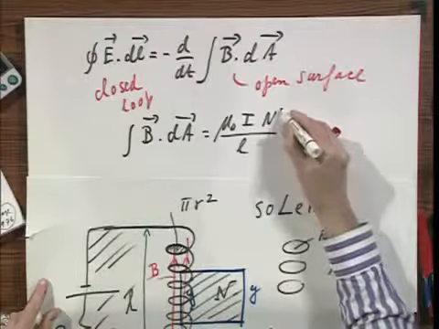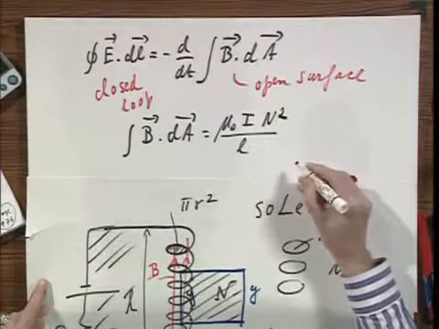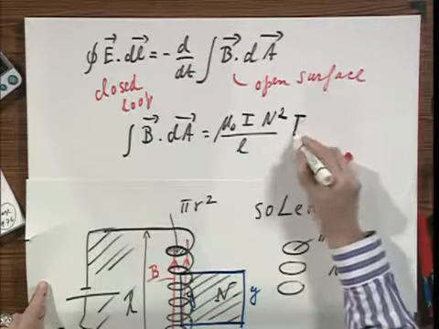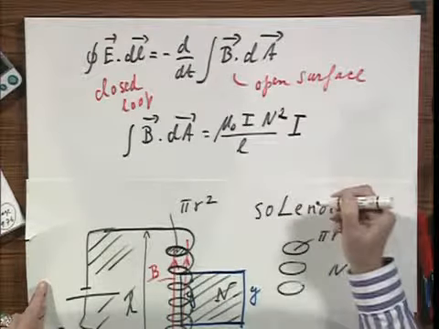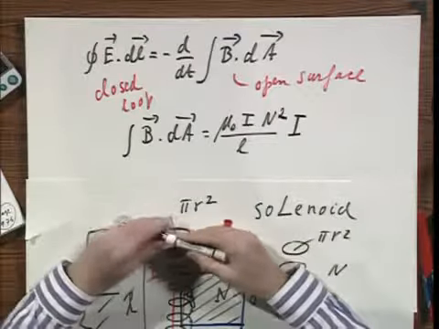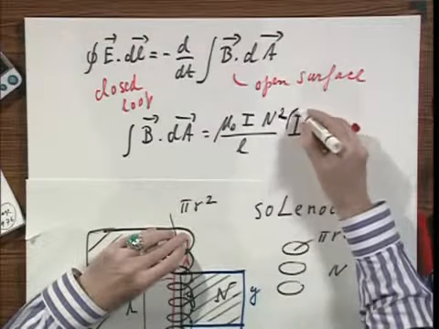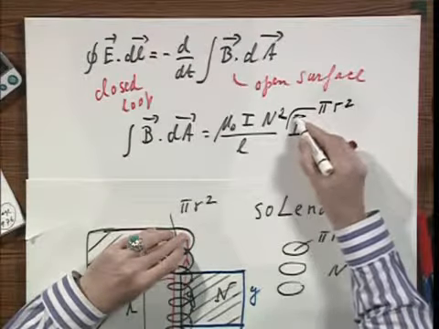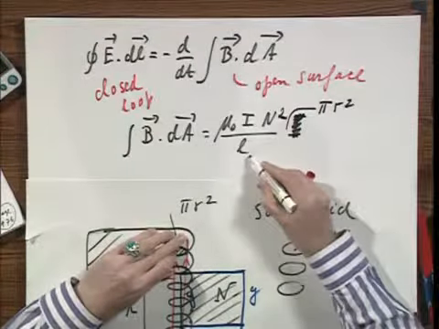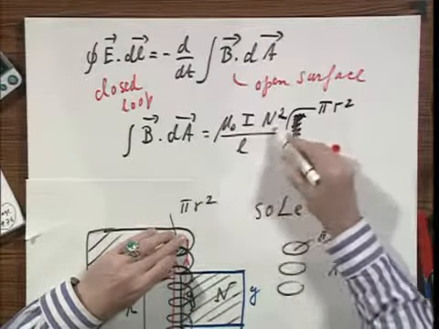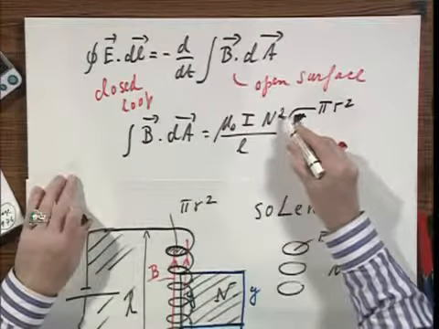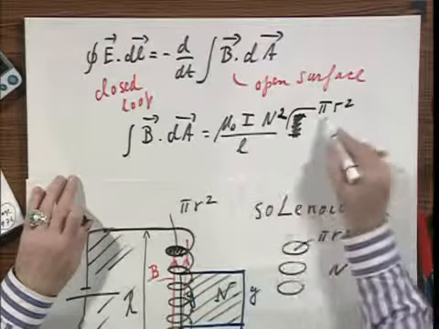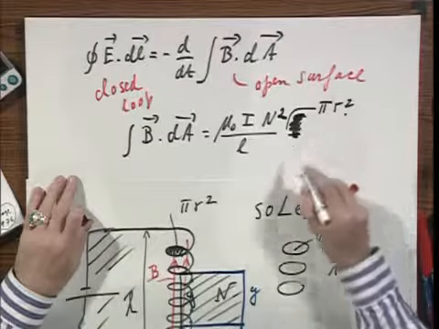So now I must multiply by n, so I get an n squared here. And here is my pi r squared. I must multiply B by n, and I must multiply it by the area, which is pi r squared. There is no extra I here.